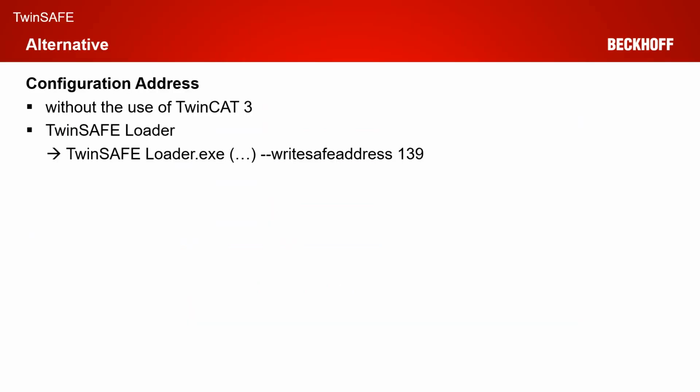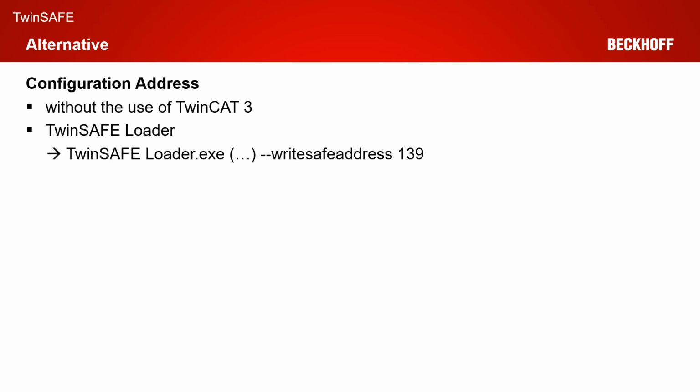As you can see, the safe addressing of AMP and AMI is very straightforward with the use of TwinCAT 3. But for many maintenance cases, for example, there's no TwinCAT 3 available. In order to give you an alternative way, you can also use our free command line tool TwinSAFE Loader.